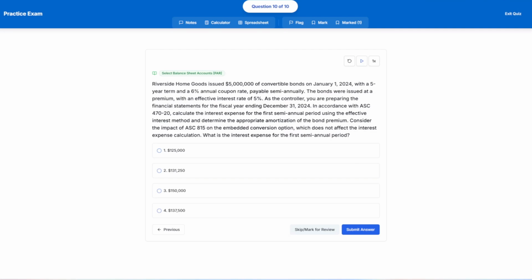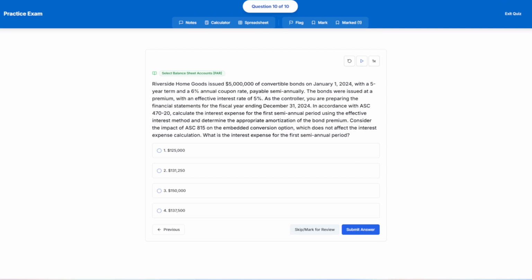The focus is on understanding how the carrying amount of the bond impacts interest expense calculations, a favorite topic for the CPA exam. ASC 470-20 requires interest expense to be calculated based on the carrying amount of the bonds. In this case, the bonds were issued at a premium, meaning the carrying amount is higher than the face value. The effective interest rate will be used to determine the interest expense, which reflects the true cost of borrowing.